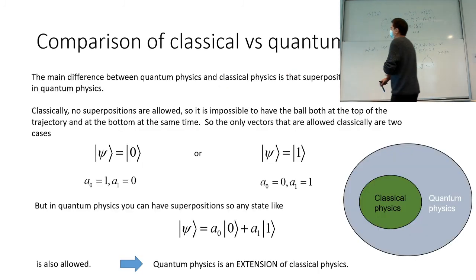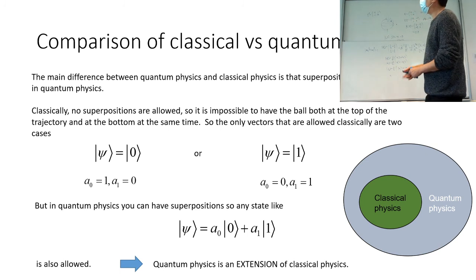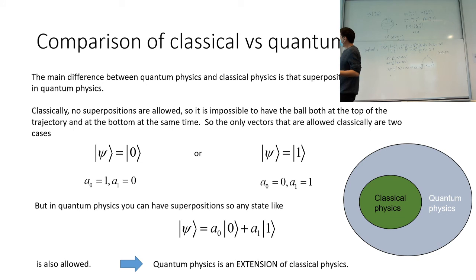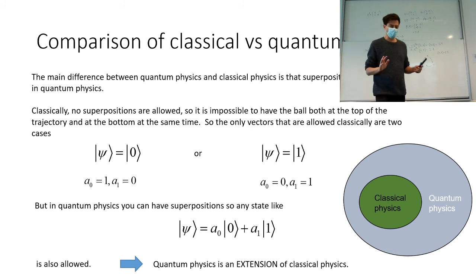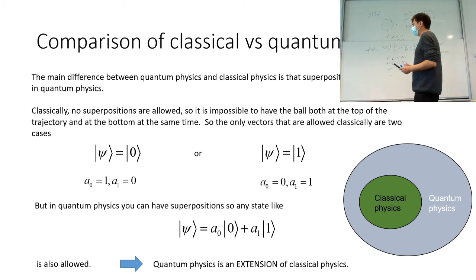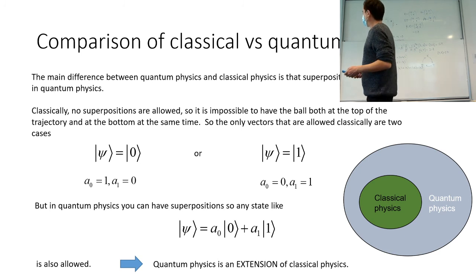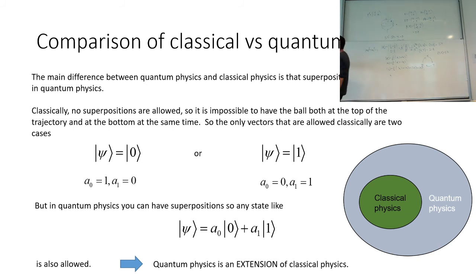So if we compare classical and quantum physics, these are different only in what you are allowed in terms of what you call a quantum state. Basically one major difference is that superpositions are allowed in quantum physics. What do I mean by that?